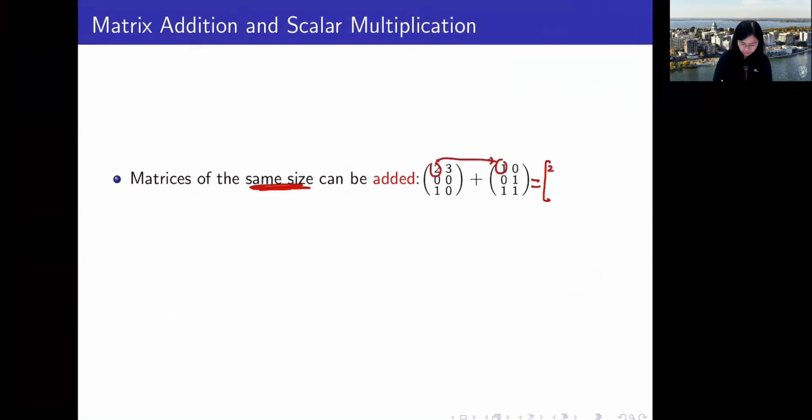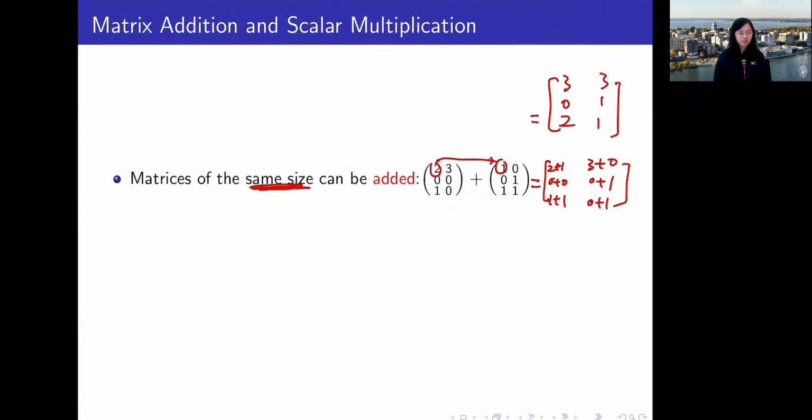So that's 2 plus 1, 3 plus 0, 0 plus 0, 0 plus 1, 1 plus 1, 0 plus 1. So you get this matrix as the sum. So that is 3, 3, 0, 1, 2, 1. So you can add up matrices.